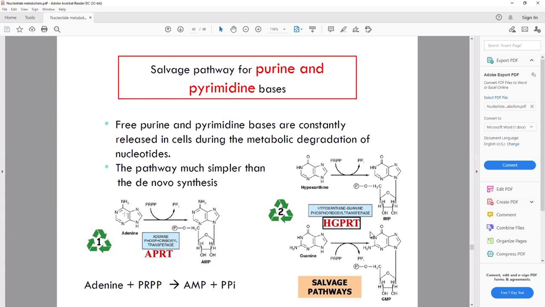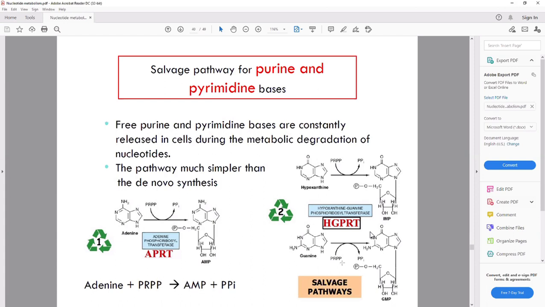It is attached to PRPP. So by the enzyme APRT, it converts adenine to AMP.